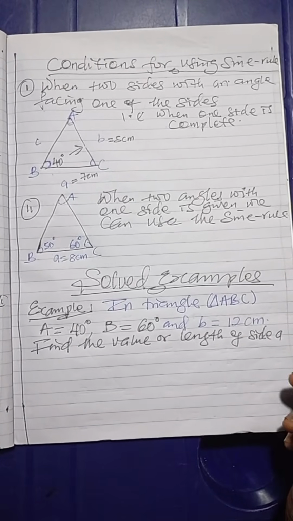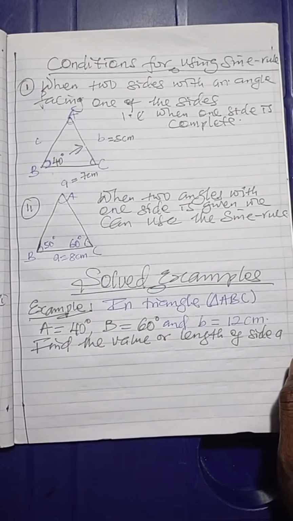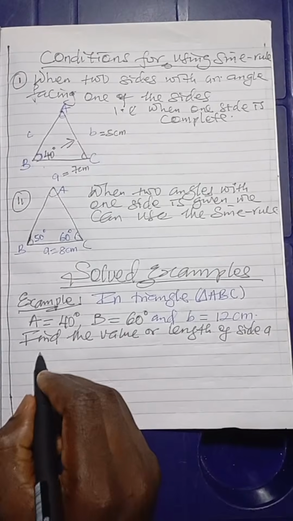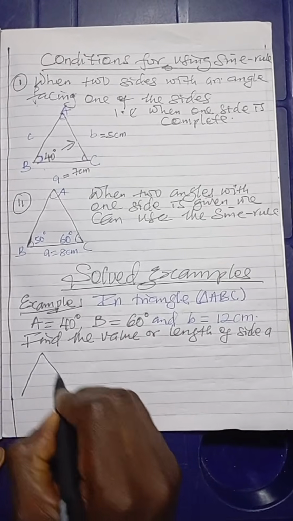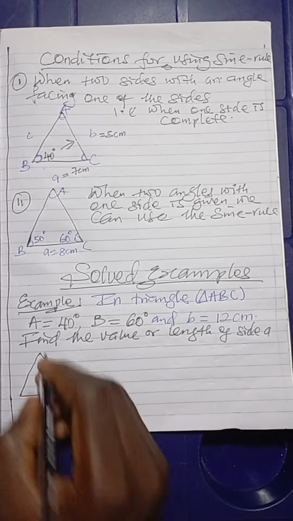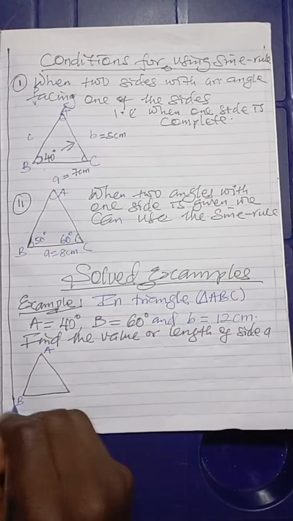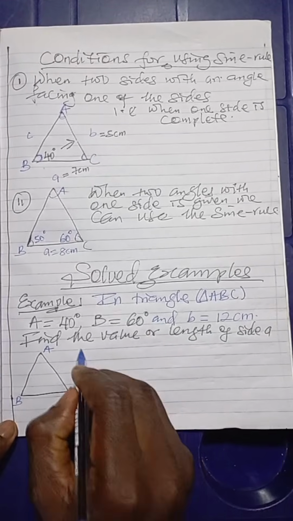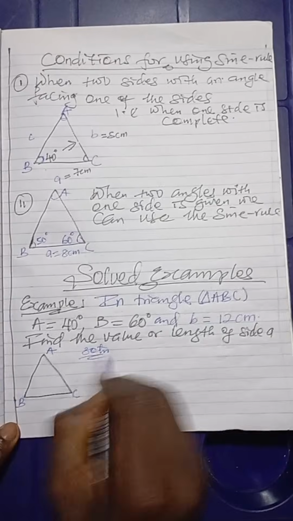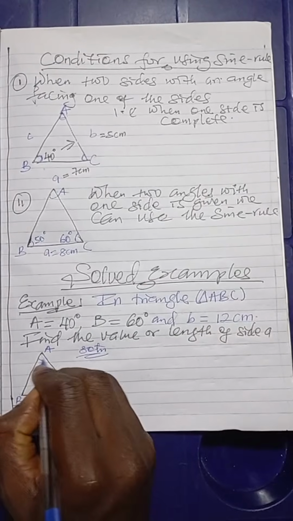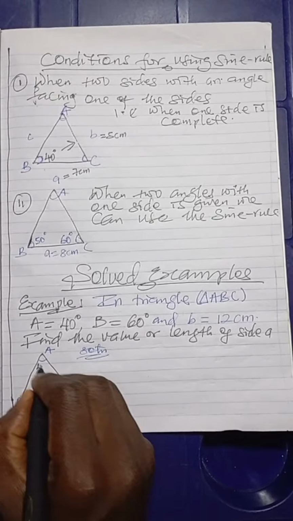All right, so we are going to draw our triangle. Let's say I have something like this to represent the triangle. I have here A, B, and C. This is the solution. From what we are given, A is 40 degrees, that means this angle here is 40 degrees.